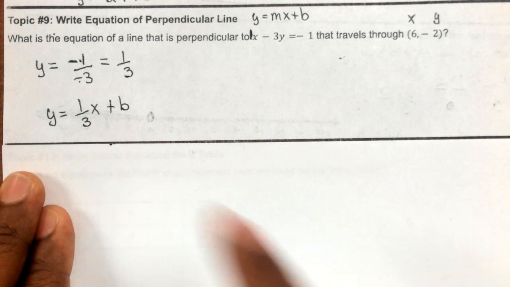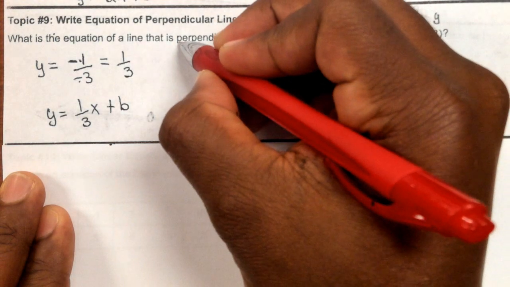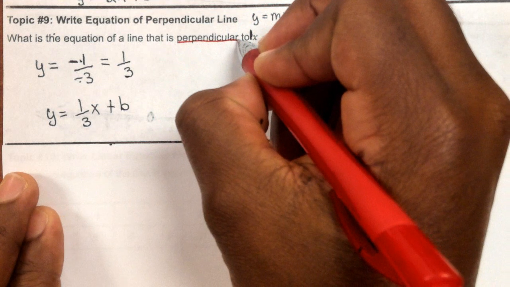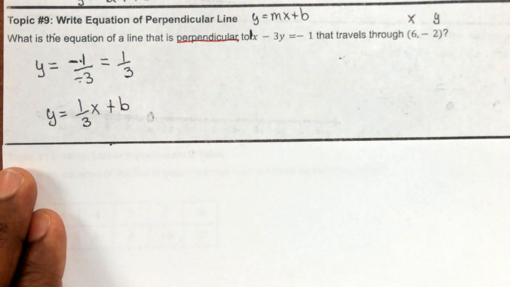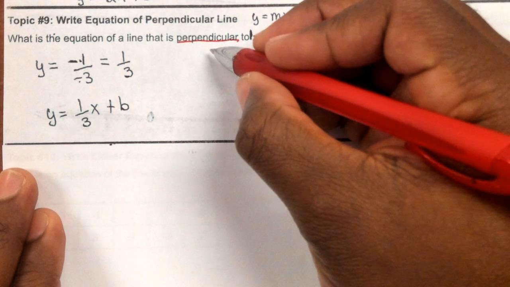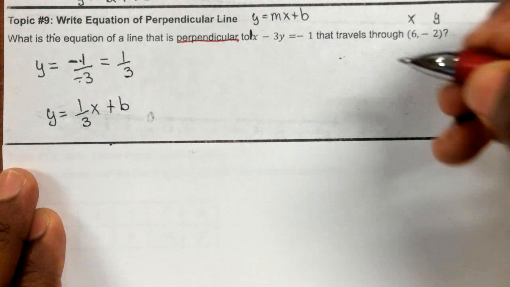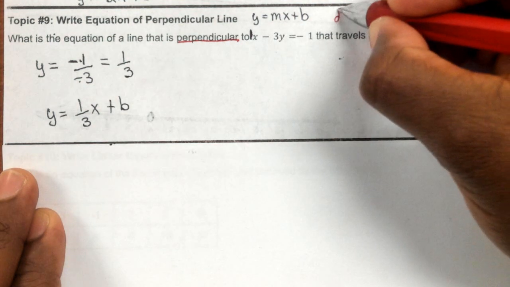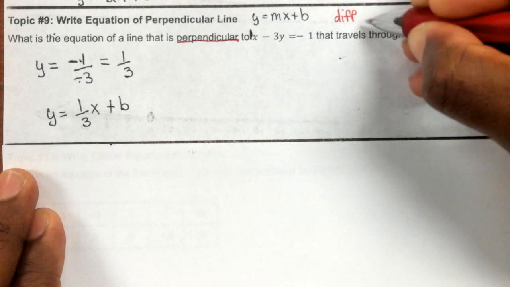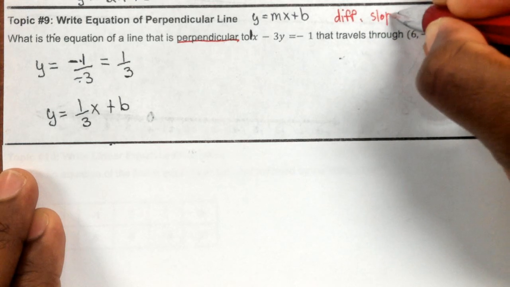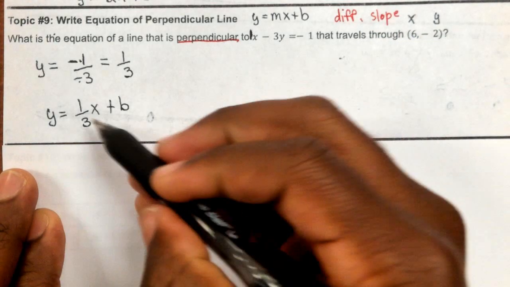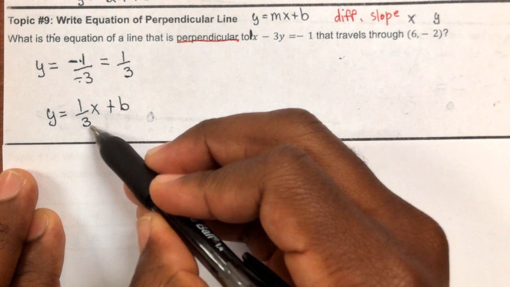Now we're going to do perpendicular. The word perpendicular means different slope. So I'm going to change the slope and make it different.